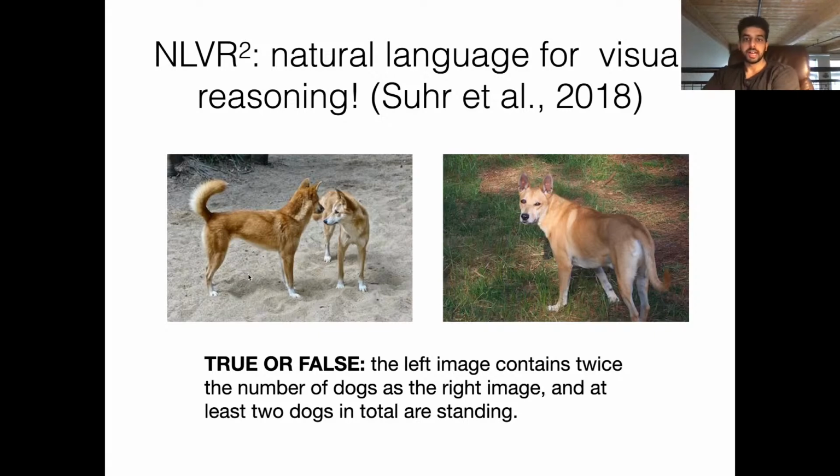So this is kind of a challenge task for these vision NLP systems. And so far, I think the best performance on this is around 65 or 70% accuracy. And keep in mind that if you had a completely random guess, it would be 50% accuracy. So we're not close to solving this problem.